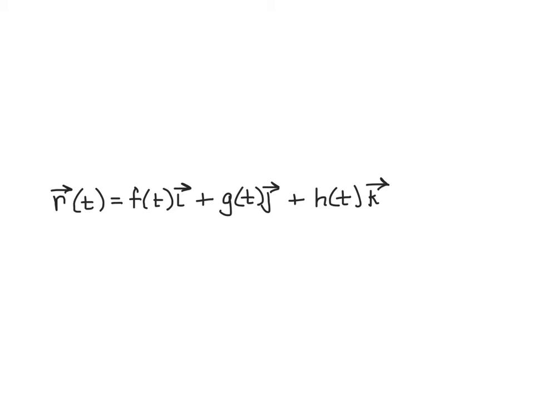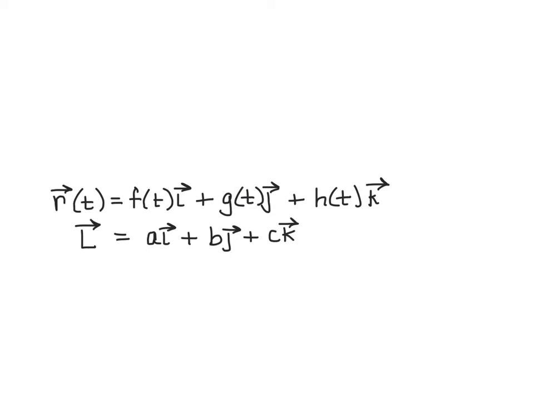That's our r vector. Then we have our L vector, which is not a function of time. It just exists. It's a vector. This is what we approach as t approaches some value t naught. So it's equal to a real number a in the i direction, and then a real number b in the j direction, plus a real number c in the k direction.